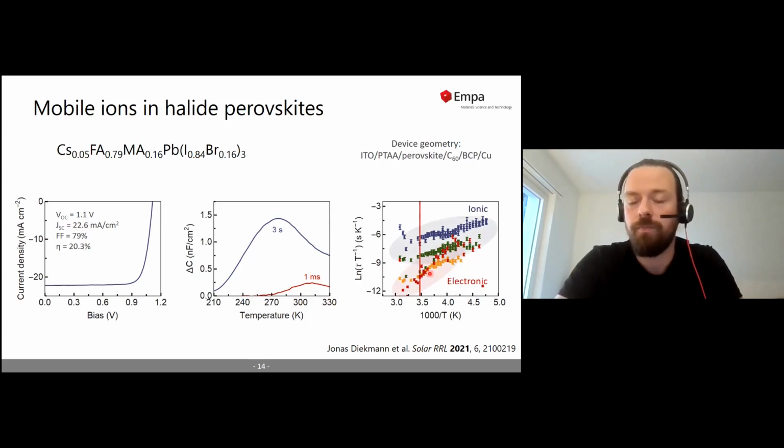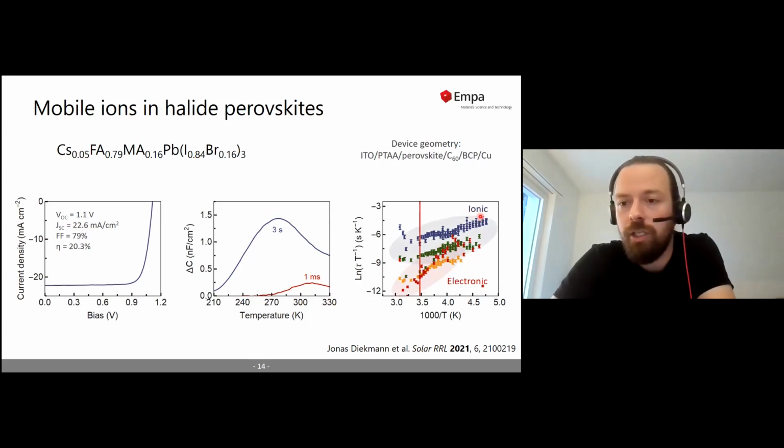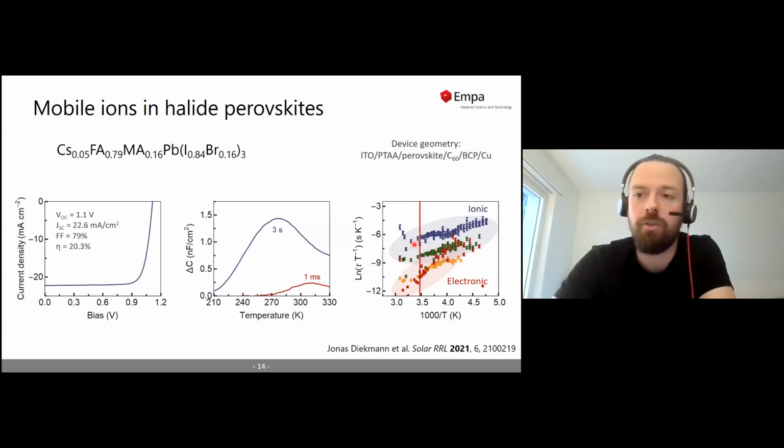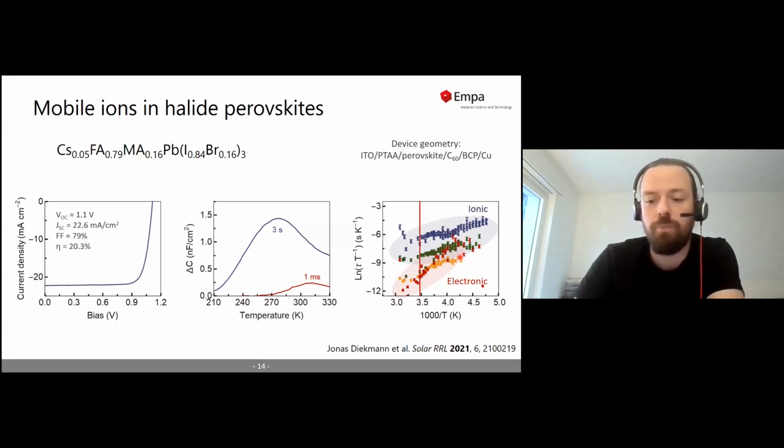So this strongly indicates that in this system, for example, we have 1 electronic trap present and 2 ionic contributions present. The ionic ones would probably be iodide and bromide, and then some electronic trap, probably due to the presence of halide vacancies within the perovskite.